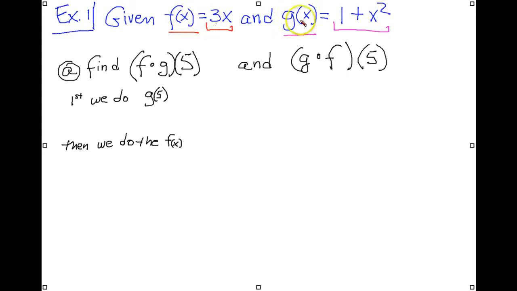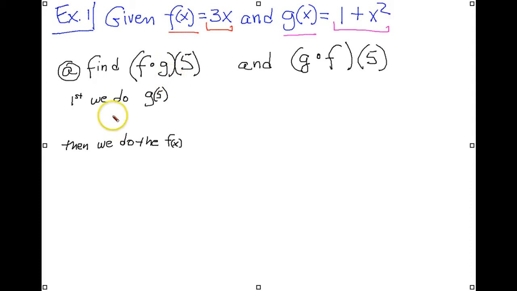So these are two functions, and they're asking us then in the first part, find the composition f circle g where x is 5. Now when we do it, we always take the second letter, which is g, first. So first we do the g, which we're saying is 5.